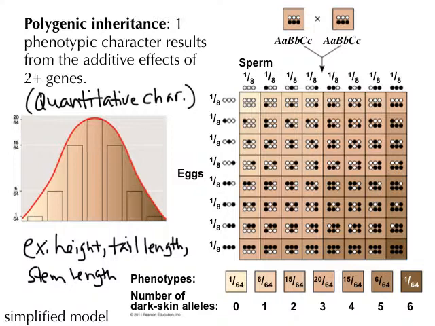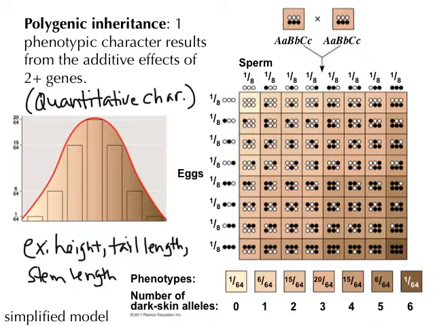So for this example here with the skin color, they're showing 3 different genes, the A gene, the B gene, and the C gene. And of course, there's 2 alleles of each. So you have 6 alleles total that are contributing to the skin pigmentation. And just each allele, simply, they have whether it's contributing lots of pigment, and they've colored that dark, or little pigment, and they've colored that light. There are different ways that the genes can contribute to that.